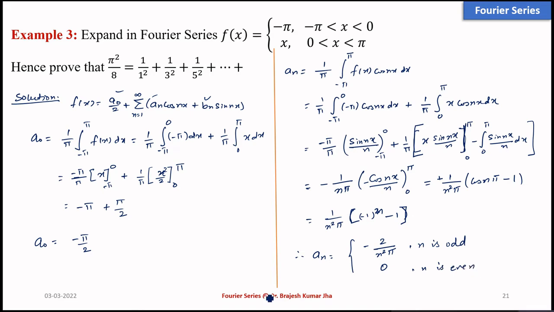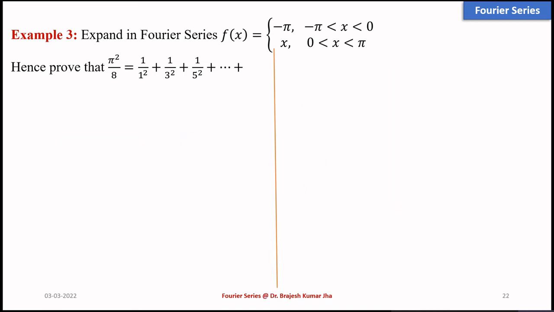So after finding a0 and an, we will go for finding what? bn. Now, to calculate bn, it is 1 upon pi integration minus pi to plus pi f(x) sine nx dx.